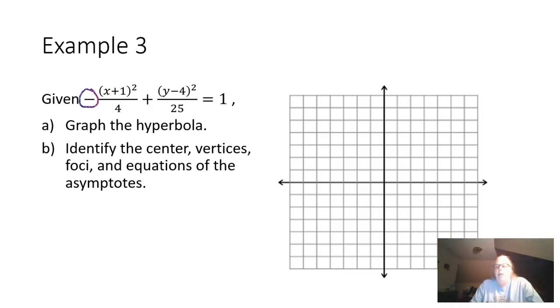This equation is already equal to 1, so I can go ahead and pick out the pieces that I need to graph it. The center of this thing is going to be located at -1 and +4. I got this one right here because this is x minus h. This one is y minus k, and x plus h is the same thing as x minus a negative h.